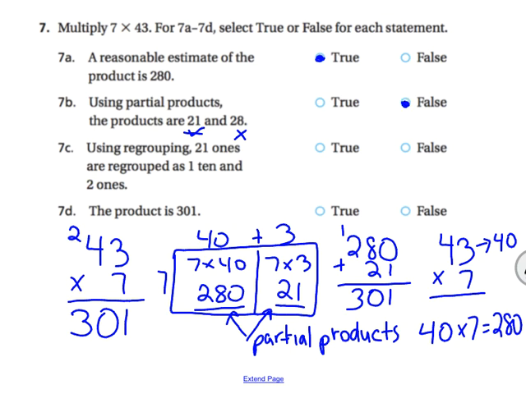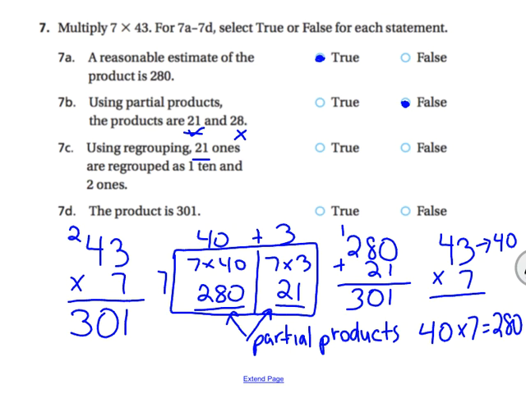7C, using regrouping. So here you have to do the traditional method to figure this one out, okay? Using regrouping, 21 ones are regrouped as 1 ten and 2 ones. Well, we all know that the number 21, the 2 is in the tens place and the 1 is in the ones place.